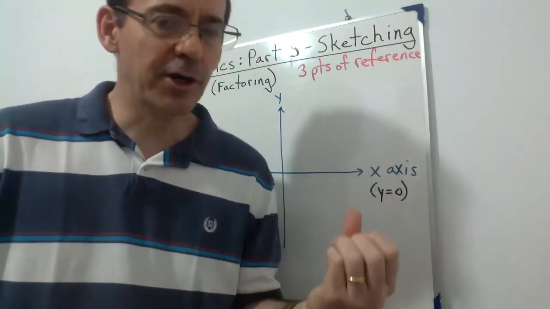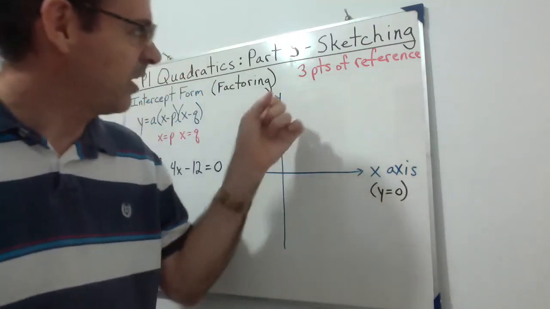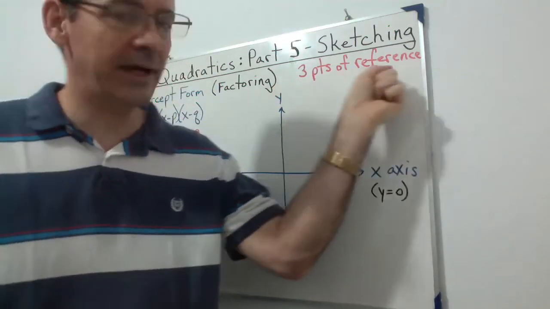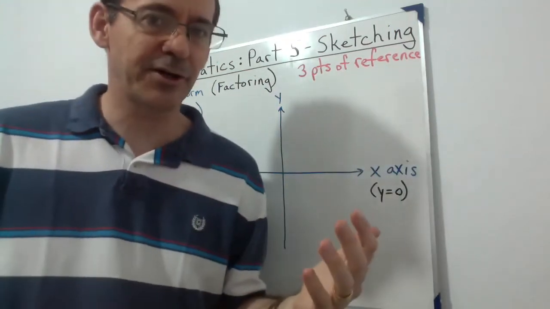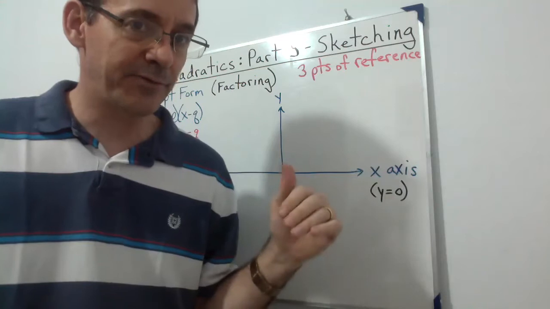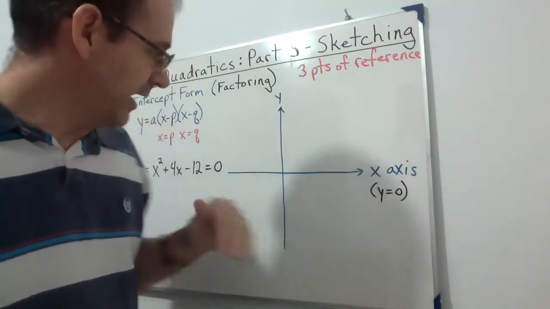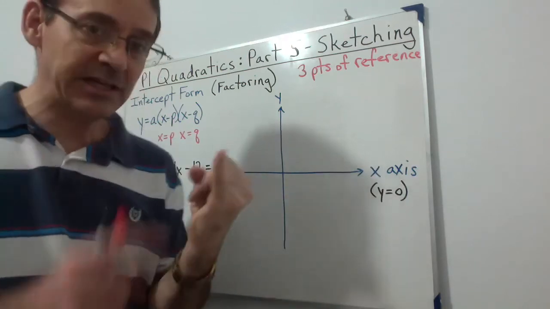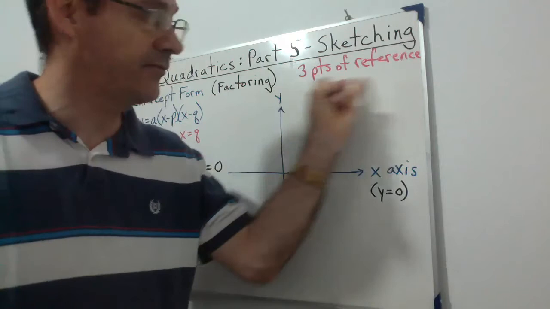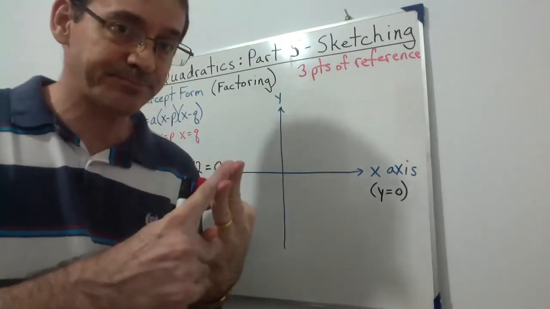So with a curve, what you want to produce is what I call 3 points of reference. Now, depending on the type of curve, for example, if you have an exponential curve, exponential curves have a horizontal asymptote. So the horizontal asymptote can actually be one of your 3 points of reference, and then you would need 2 plotted points.